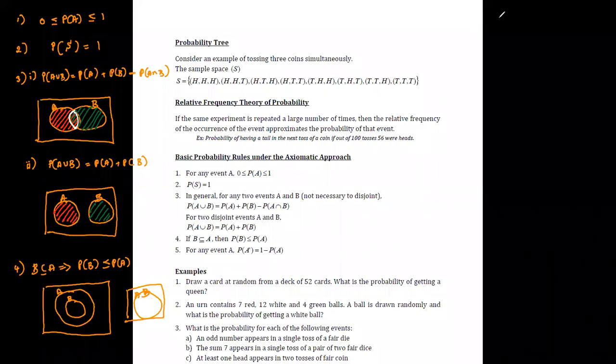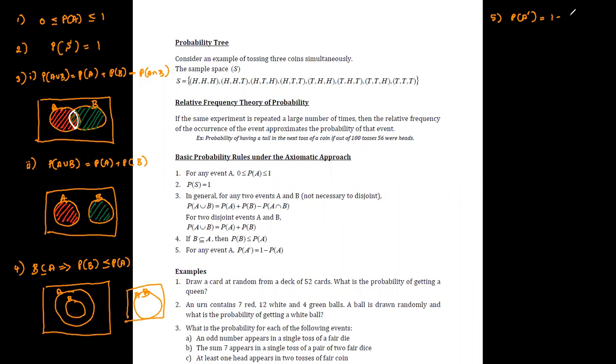And if you are considering the negation of any event, then we can get the probability of A not, or A dash, or we are saying negation, in this way: 1 minus P(A).